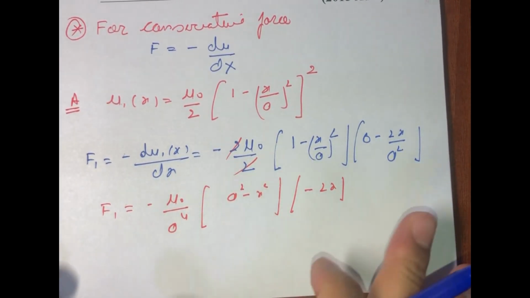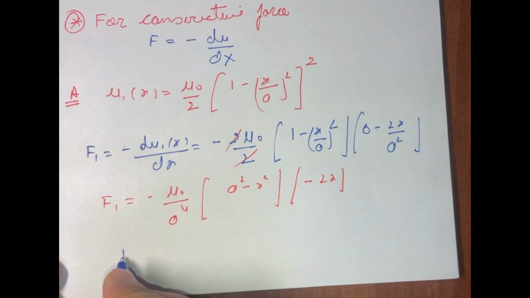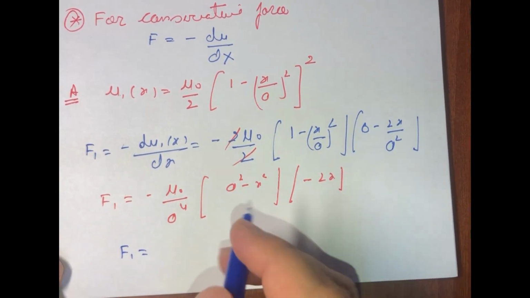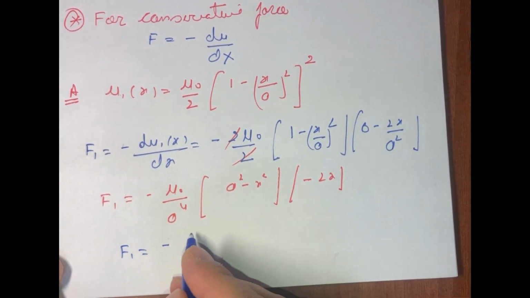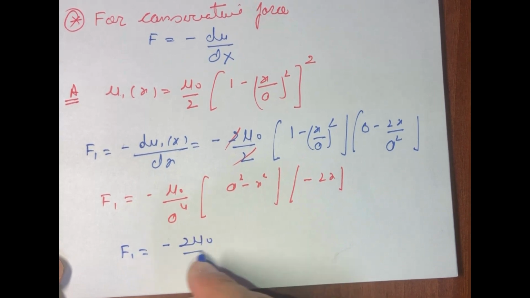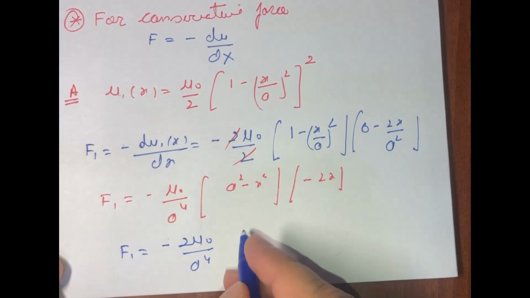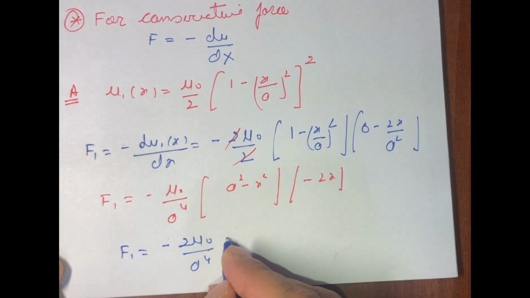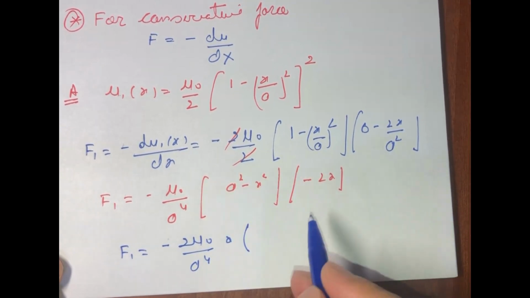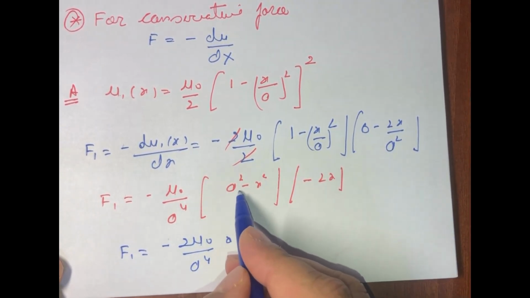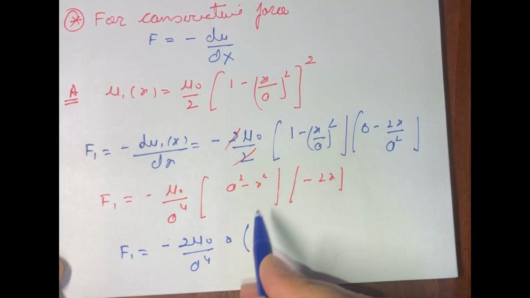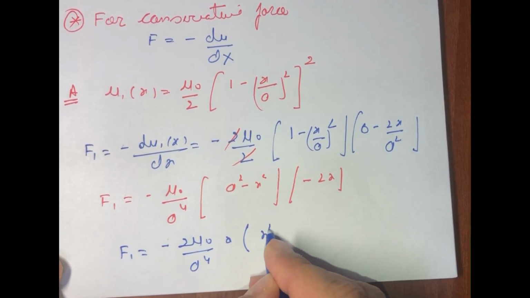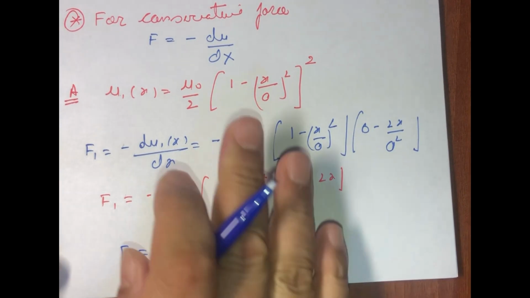Or we can say that our F1 is equal to minus 2U0 divided by a to the power 4, times x, and if you multiply by x this will be (x squared minus a squared).